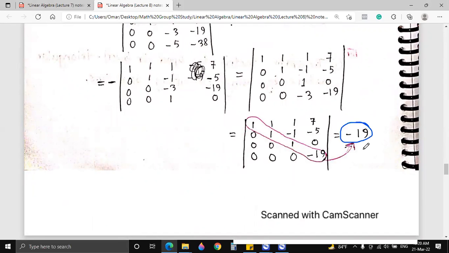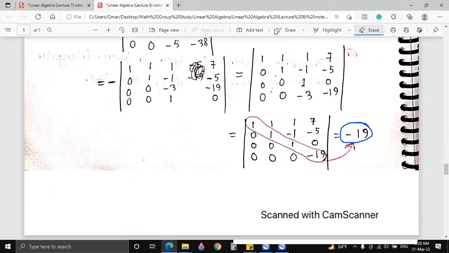Okay, because if all the values below the main diagonal are 0, then the solution will be the multiplication of the main diagonal. Let me tell you again. Here, this is our main diagonal, right? How do we find the main diagonal? You just draw an angular line here.